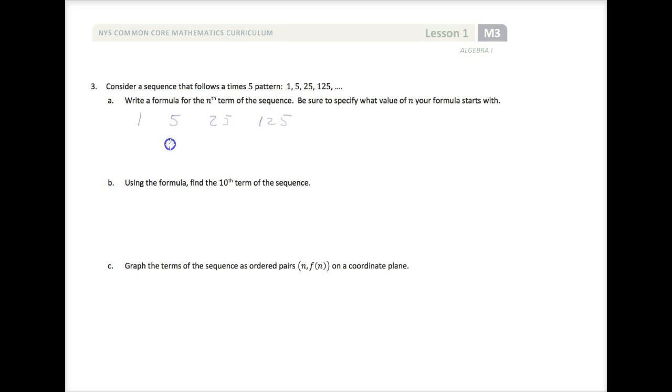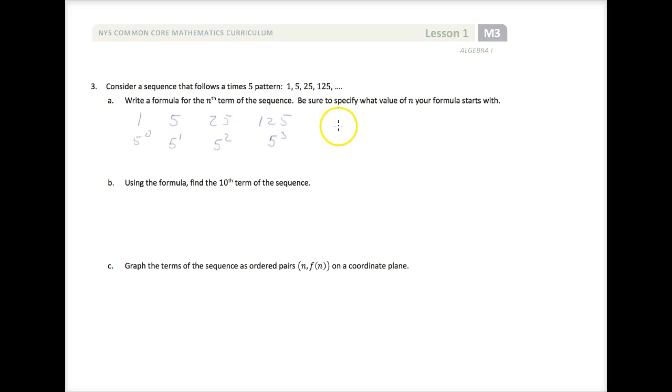This is 5 to the 1. This is 5 squared, and if we multiply 25 times 5, that's just 5 three times. So we must have started at 5 to the 0. So we can see that our pattern is shifting only by the exponents.